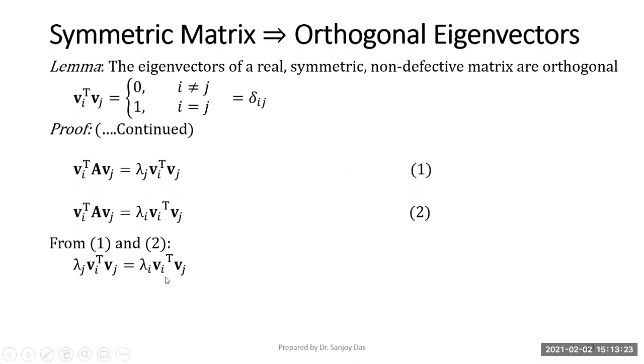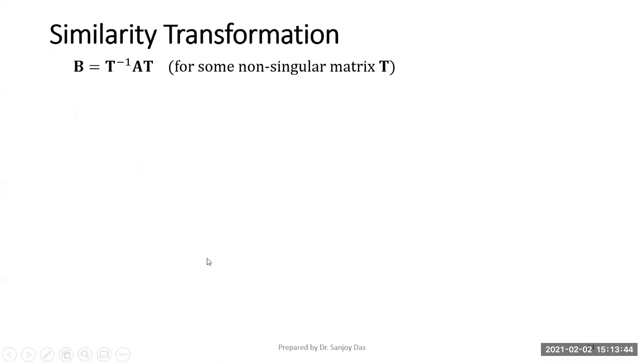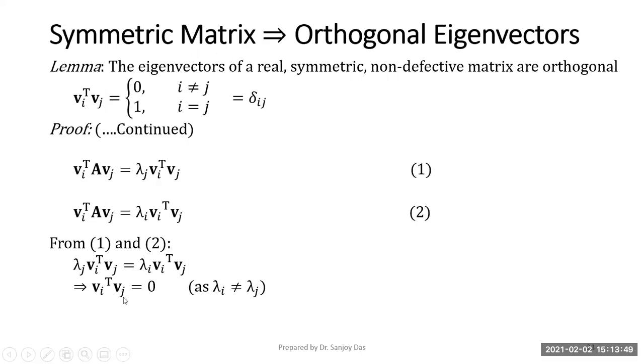If lambda j is not equal to lambda i, but lambda j times this inner product is equal to lambda i times the same inner product, we can only conclude that Vi transpose Vj must be equal to 0, which means that Vi and Vj are orthogonal to one another. Correct? Yes. This concludes the proof of this lemma.